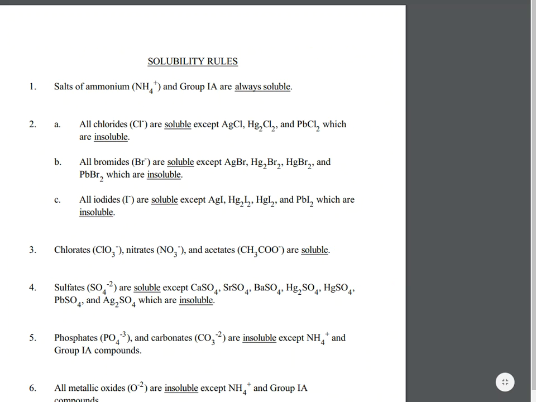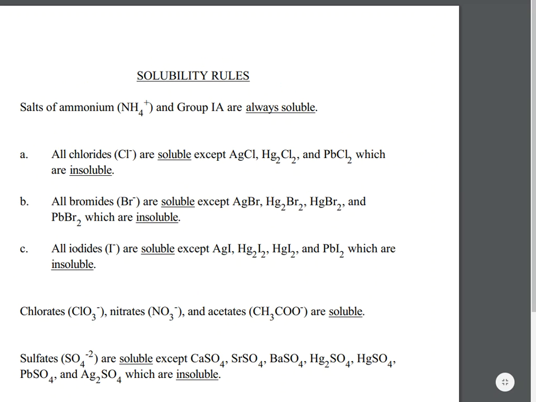And again, what that means is that we have a substance that will dissolve in solution. We will not see a precipitate form. Now, that's pretty important in the qualitative analysis world because that's what we're going to be playing off of.